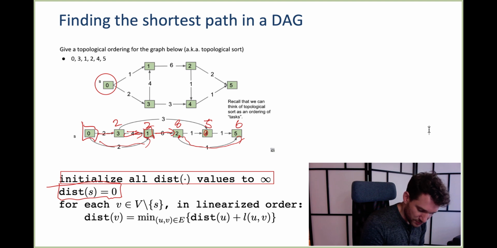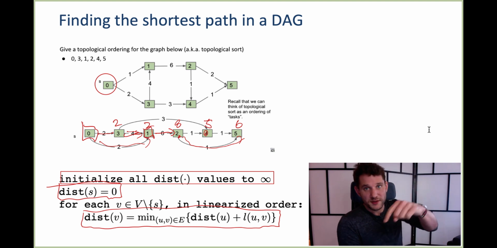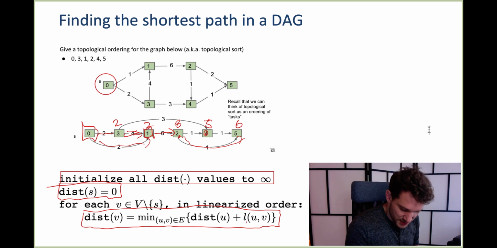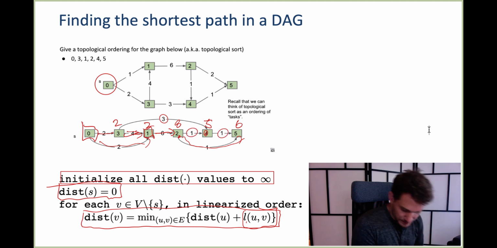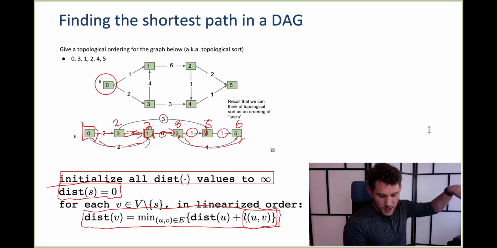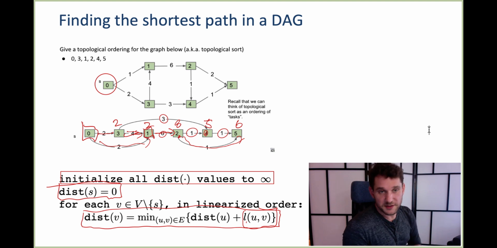We say that the distance to node v is the minimum of the distance to u for all nodes u that point to v, plus whatever the edge weight is of uv, right? This L of uv are these values right here. So you pay whatever it took to get to the node behind you, plus whatever the cost of that edge is. And this is it. This algorithm works, and it will compute the shortest distance from the source node to all nodes in the graph in this iterative fashion.